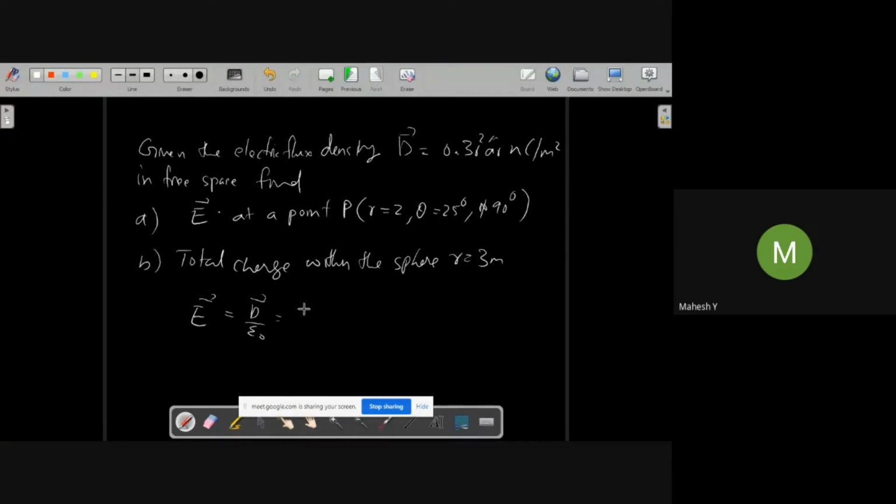So that will be 0.3 r squared a_r divided by epsilon 0. And then substitute the parameters: r equal to 2, theta equal to 25 degrees, phi equal to 90 degrees.